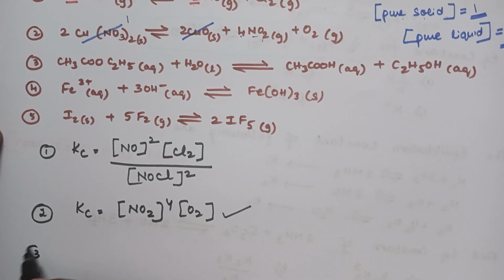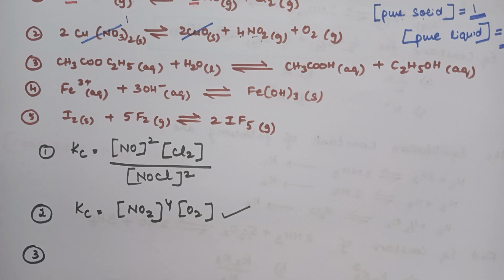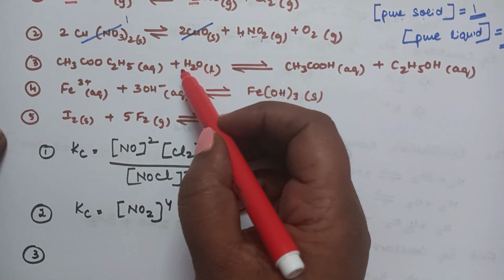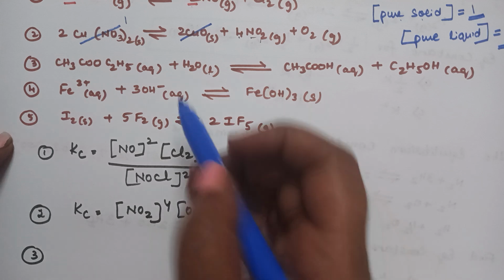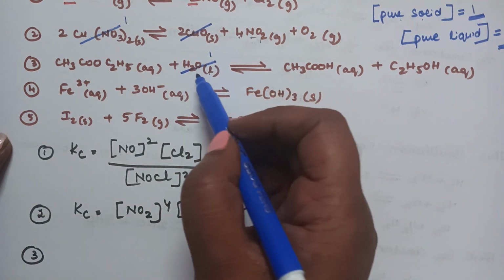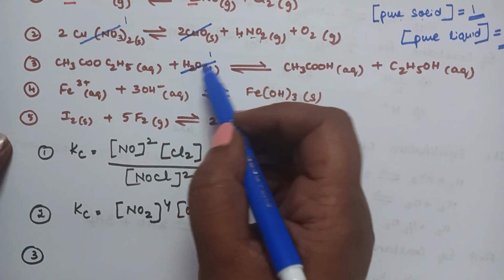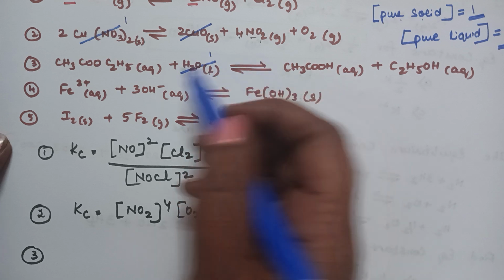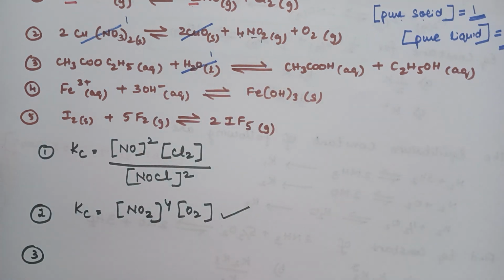Third one. Again here there is a pure liquid, so its value will be 1, and we do not write it in the expression. Aqueous species we can write.